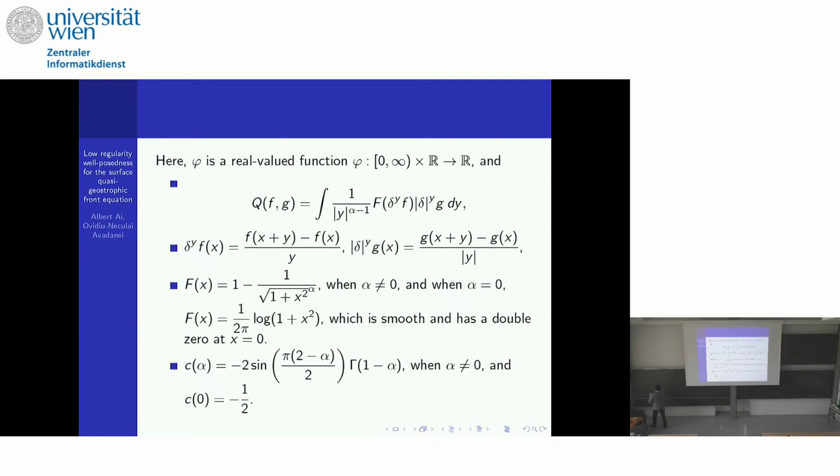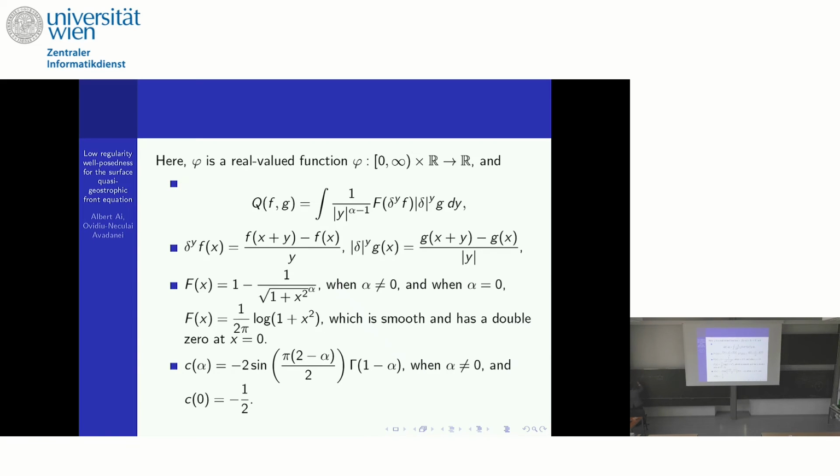So our equation was this: phi t minus q of phi phi x equals c of alpha dx to the power alpha partial x phi, or 2 log dx partial x phi. Doesn't really matter.